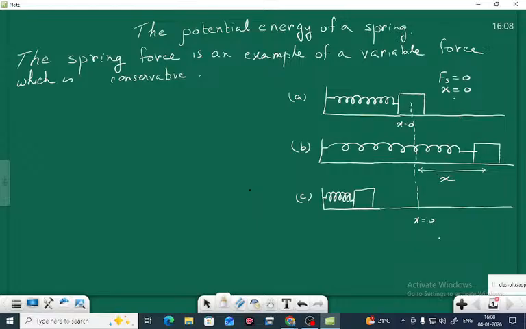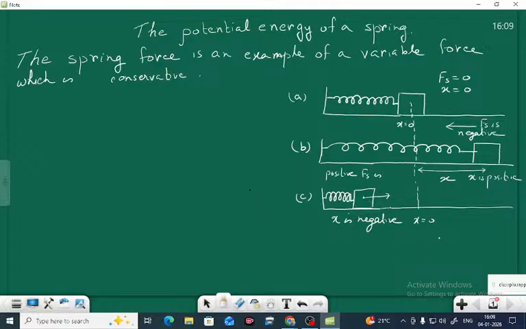Here we find that Fs, the restoring force, is negative, and the displacement is in the positive direction. x is positive in case B. But in case C there is a restoring force in this direction, Fs is positive, but x is negative.